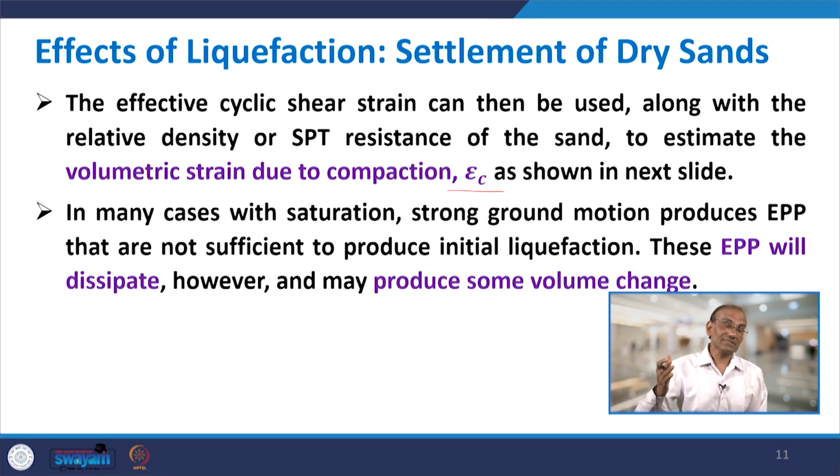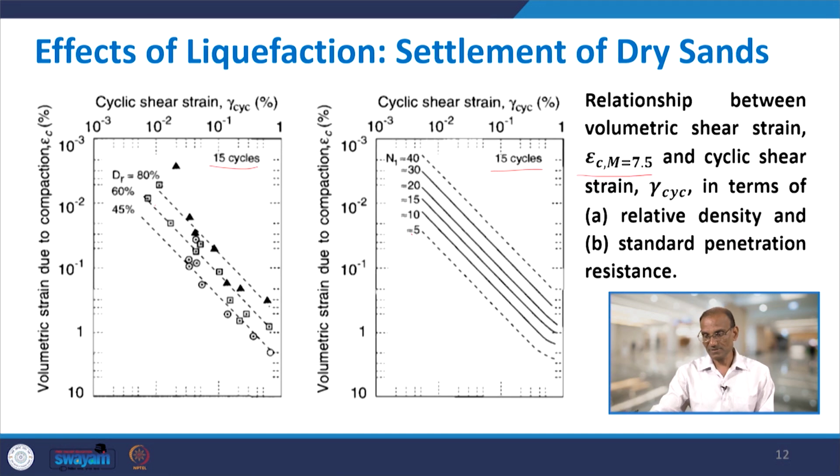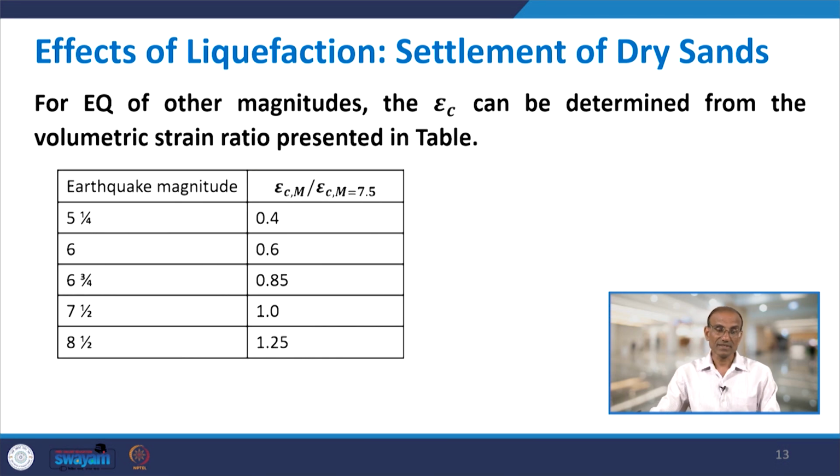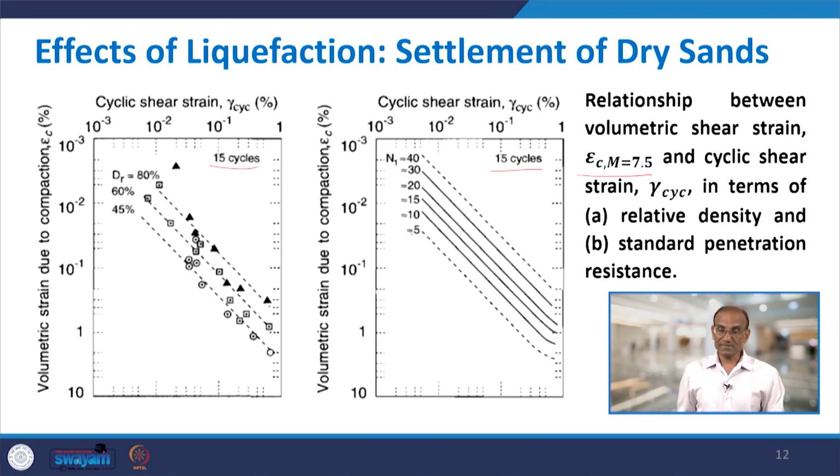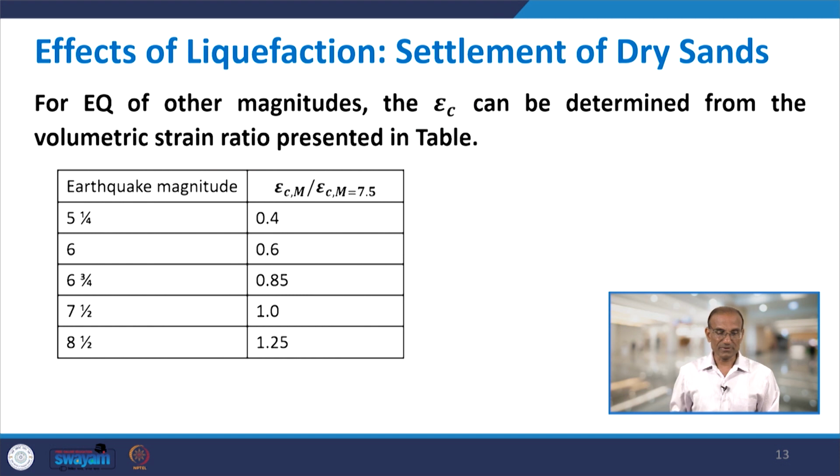There could be a case when there is development of excess pore pressure, but that excess pore pressure is not enough to cause liquefaction, but it does not mean that there will be no development of volumetric strain. Once the excess pore pressure dissipates, there will be a change in the volume and volumetric strain will develop.